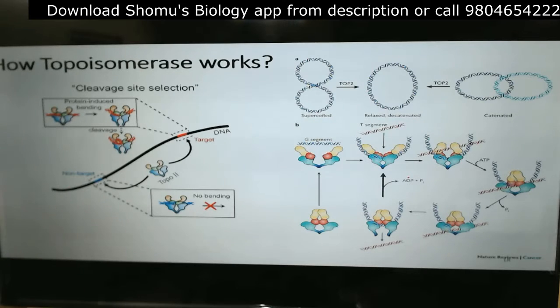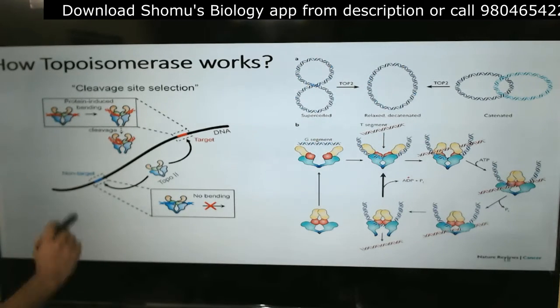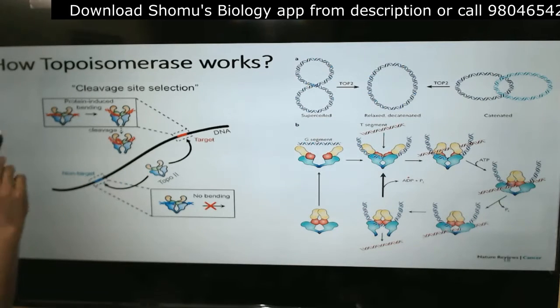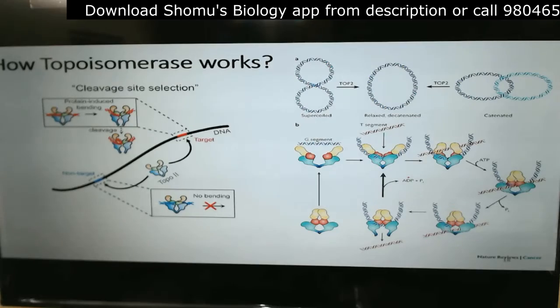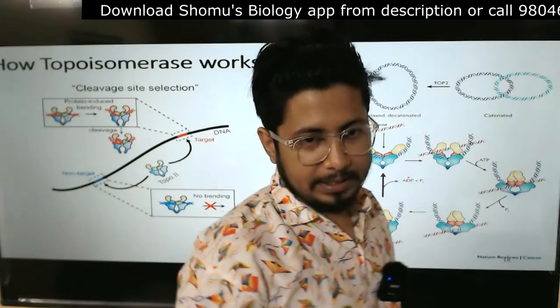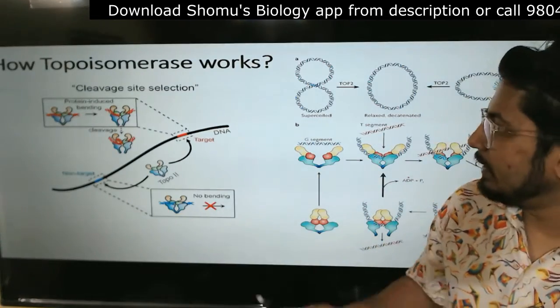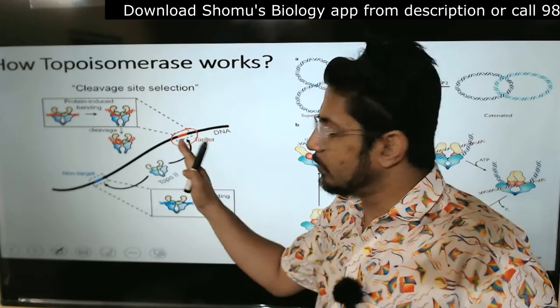This is another picture showing the same idea, where this red colored strand is a DNA strand. This picture is placed here to tell you that this topoisomerase 2 mediated DNA cleavage is targeted. There are locations where this topoisomerase 2 will interact.